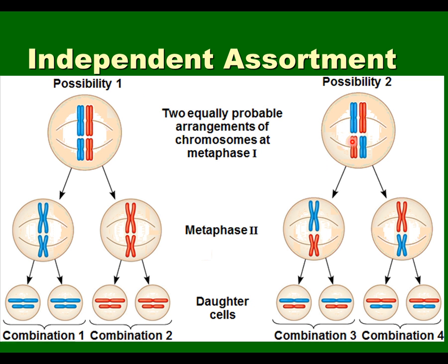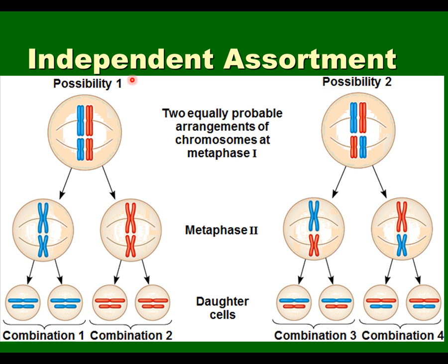No chromosome is specific to a certain spot. Blue does not always have to line up in that spot. He does not always have to go left, and red does not always have to line up here. She does not always have to go to the right. They can align wherever they want to, so it's a rather random positioning.